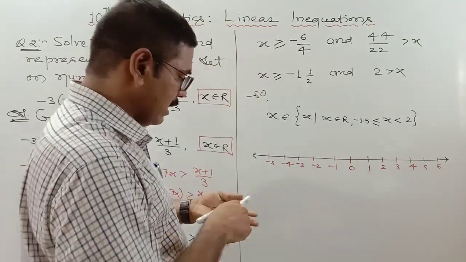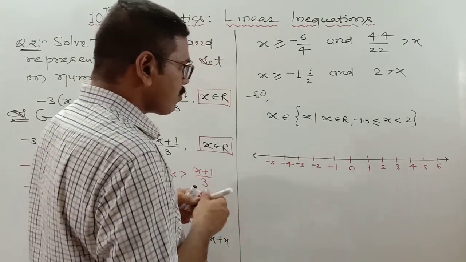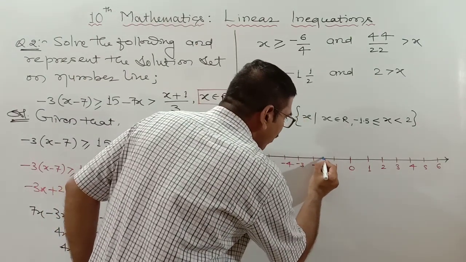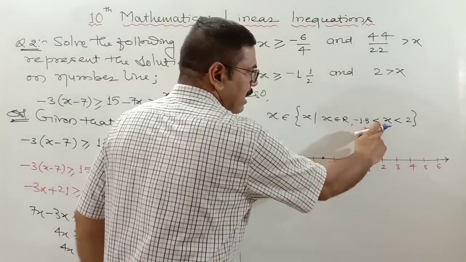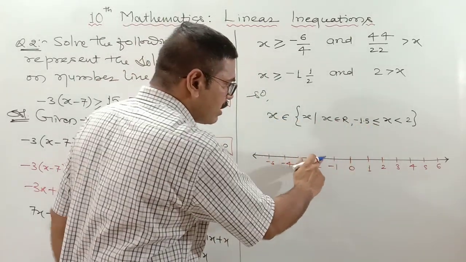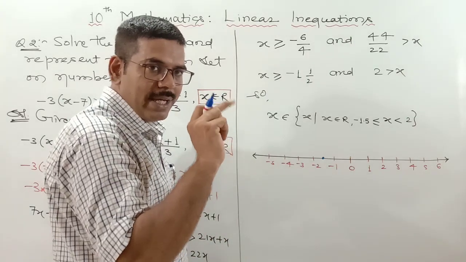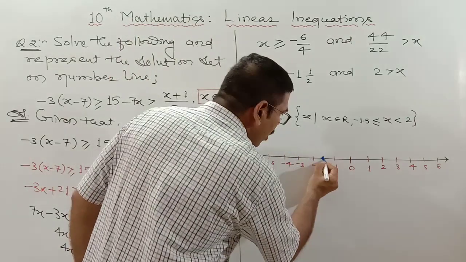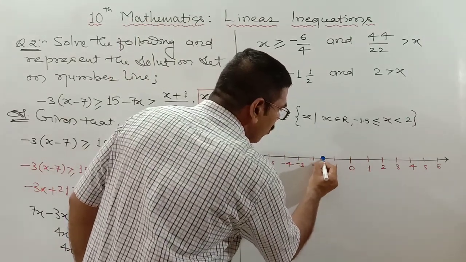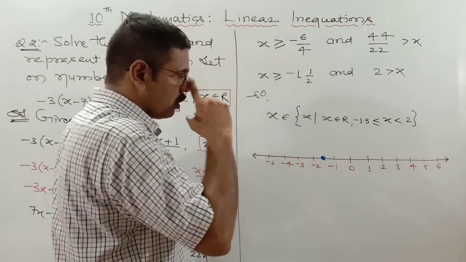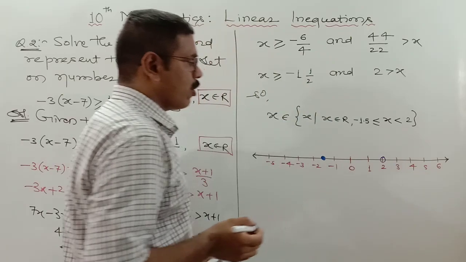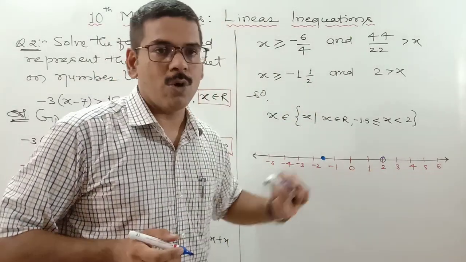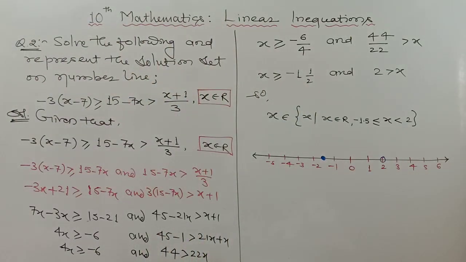Now see, exactly it is minus 1.5. Less than or equal, or greater than or equal, means that dot will be a filled dot, a completely filled dot, and I hope it is visible to you. And x is less than 2 means here it is an open dot. This is called a closed dot, and this is called an open dot. I hope you can see that clearly.